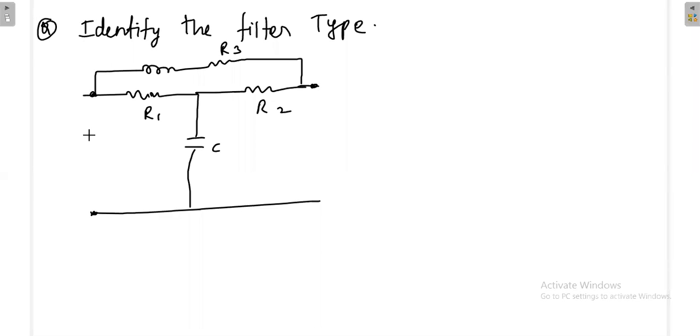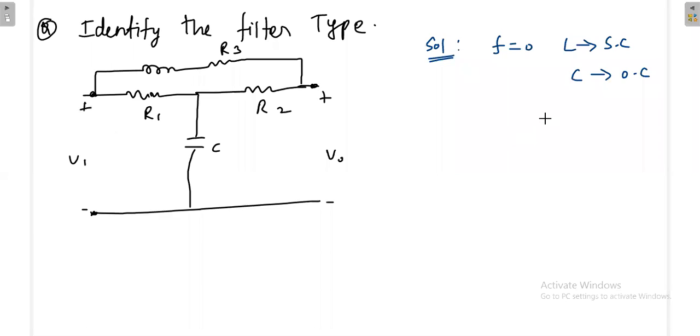So this is input V1, this is output. Now what is the nature of the filter? As usual, you substitute the condition at low frequency, when f is equal to 0. Inductor will act as a short circuit, capacitor will act as an open circuit.